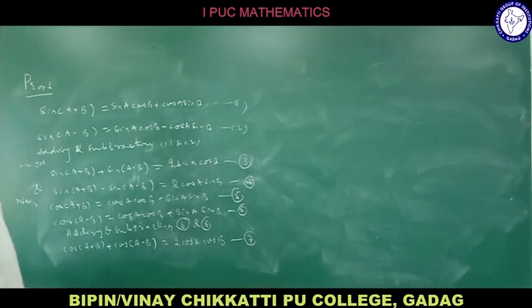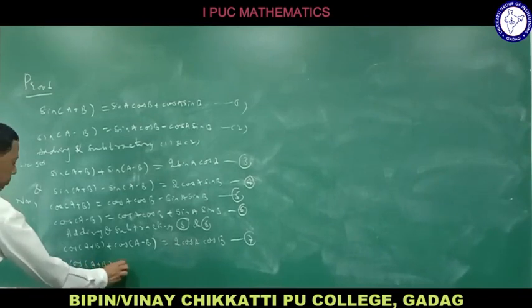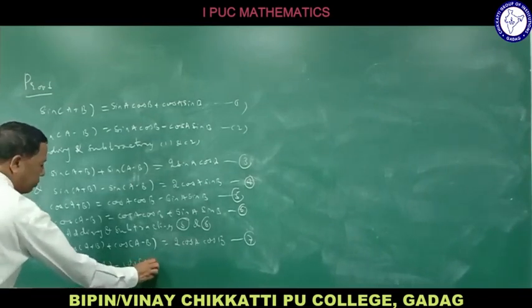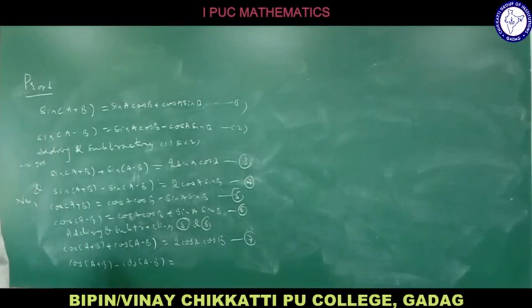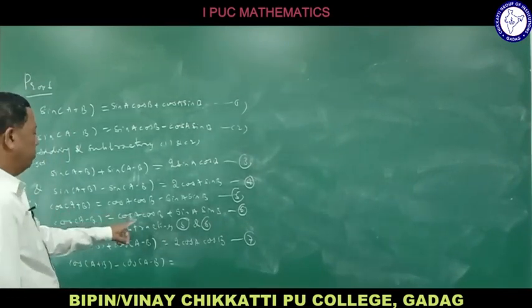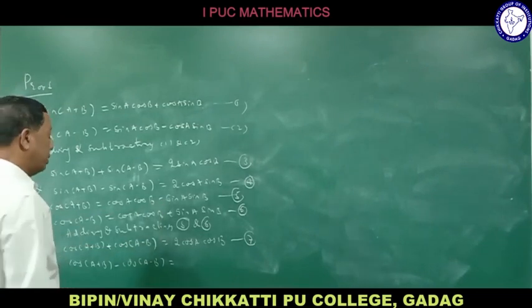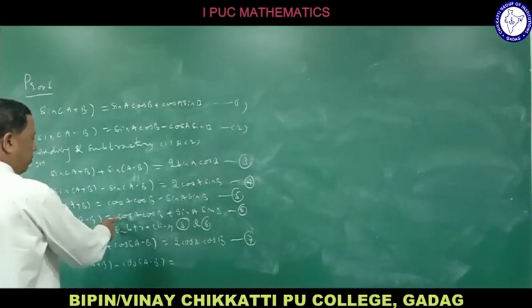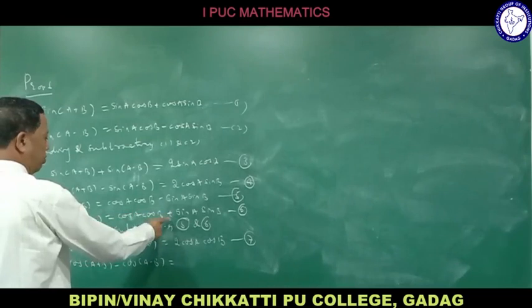And subtracting, cos of a plus b minus cos of a minus b, subtracting 5 and 6, you have to see this when you are subtracting. So what result will we find? This will be minus and this will be plus.